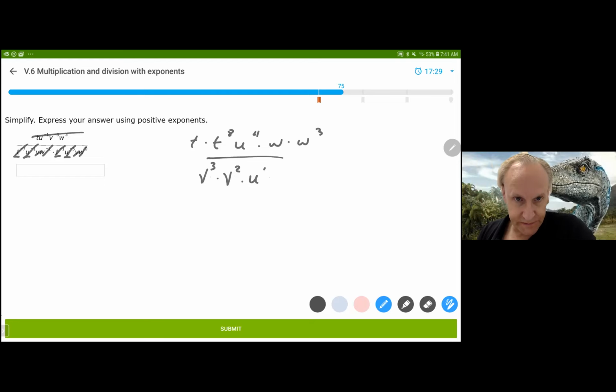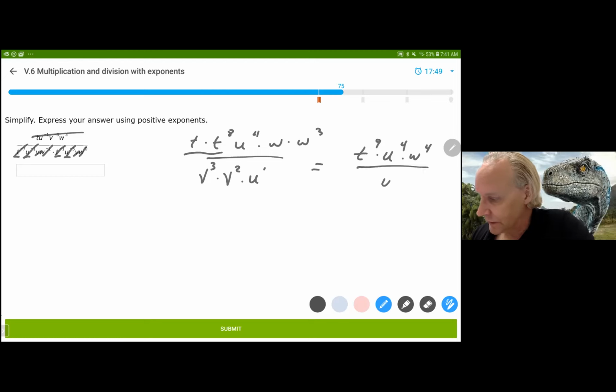Now I just put things together. I've got a t to the 9th right there. I've got a u to the 4th, and I've got a w to the 4th. Now it's very common to write these in alphabetical order. It's not necessary, but it just makes things easier. Now in the denominator, I've got a u, and I have a v to the 5th.